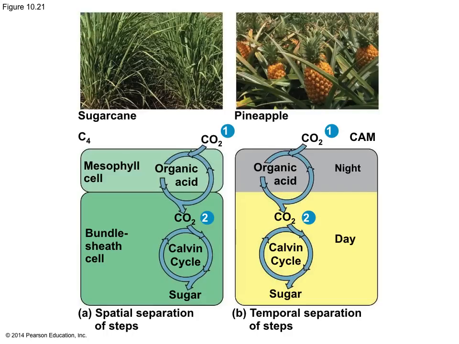C4 plants and CAM plants are found in hot, dry climates. But most of the plants that we have in the world are C3, which live in moderate temperatures.